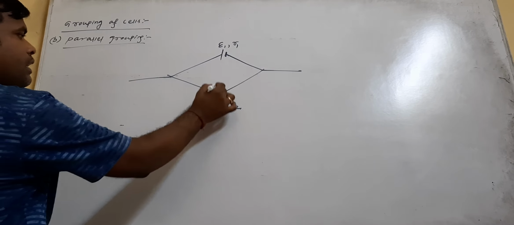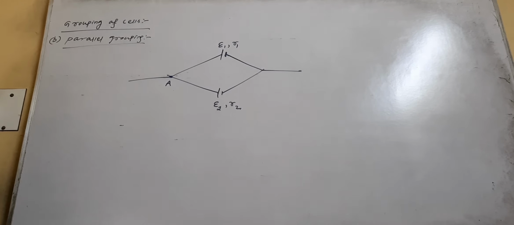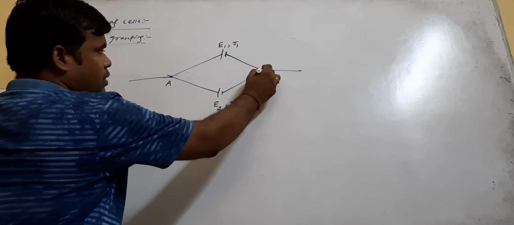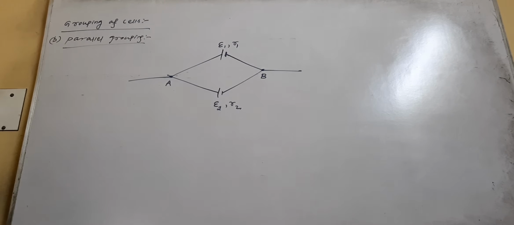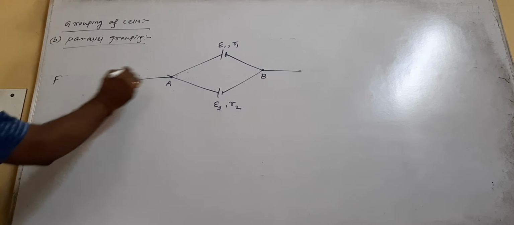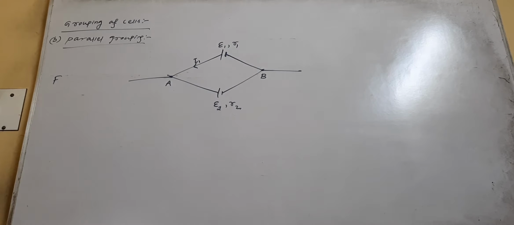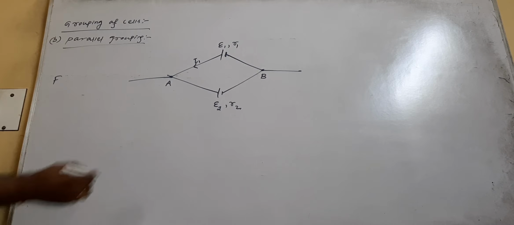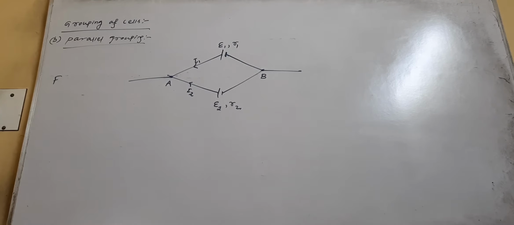I have connected the positive terminals of the two cells to the point A and negative terminals to the point B. So now tell me, from the first cell the current coming is I1, and from the second cell the current coming to the junction is I2.